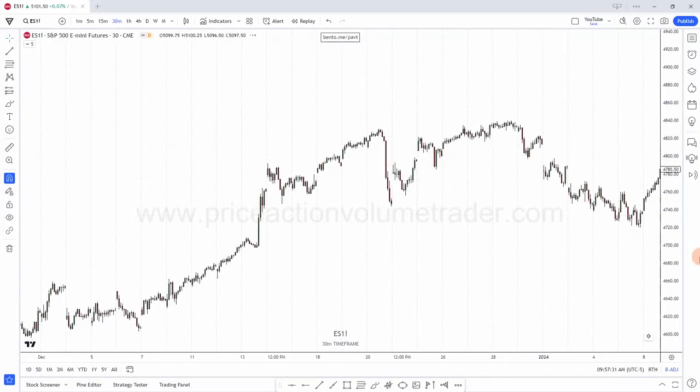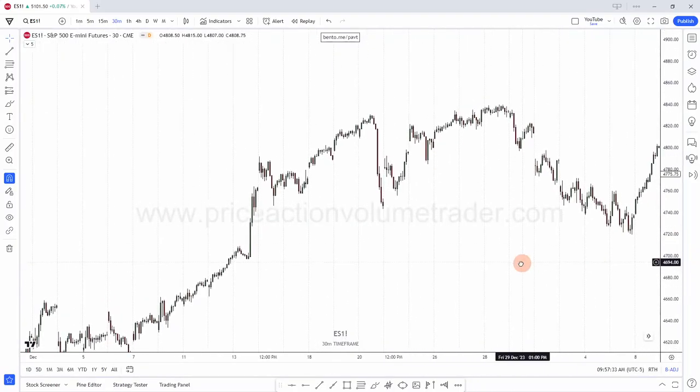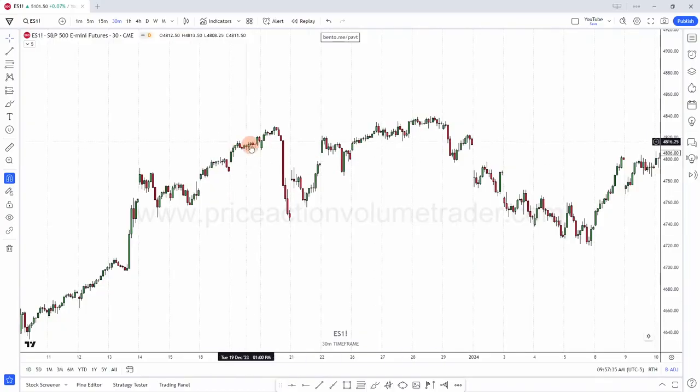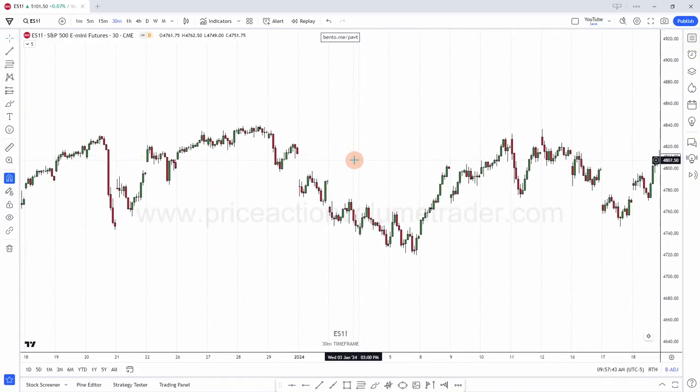And you can just see how these are present all over your charts, and they will represent very good target areas for your trades. Like, for example, here, etc.